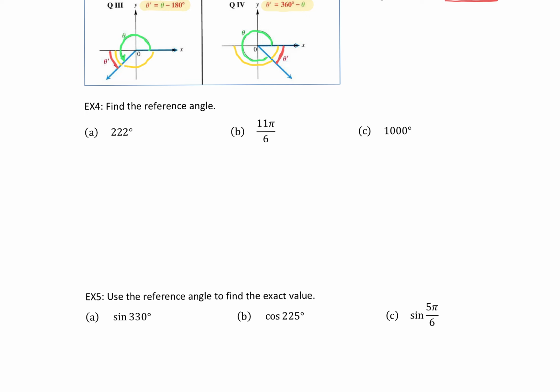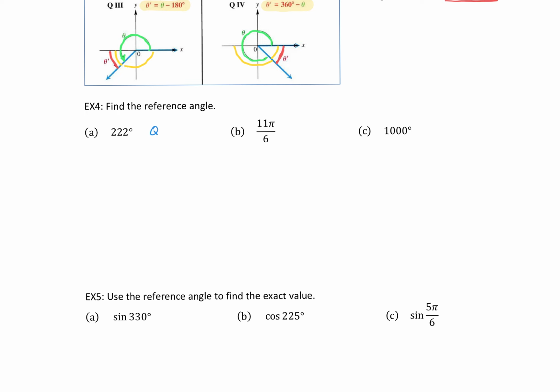In example 4a, we're given 222 degrees. So that is something between 0 and 360. What I notice is that 222 degrees should be in quadrant 3, because quadrant 1 is 0 to 90, quadrant 2 is 90 to 180, quadrant 3 is 180 to 270.